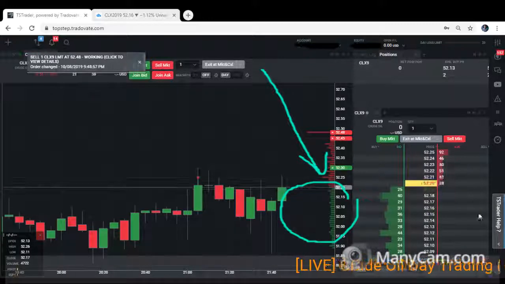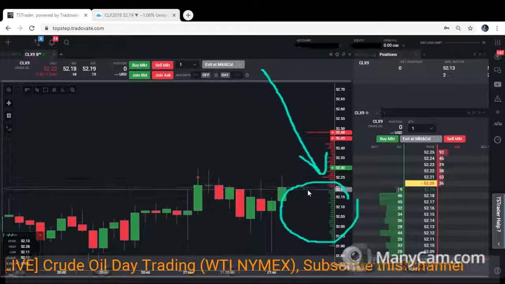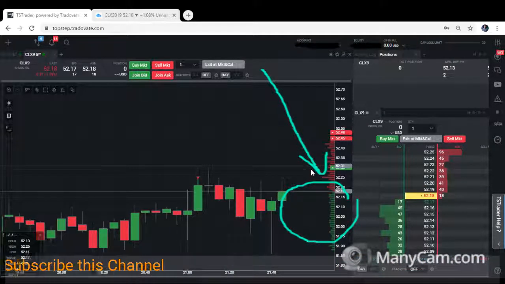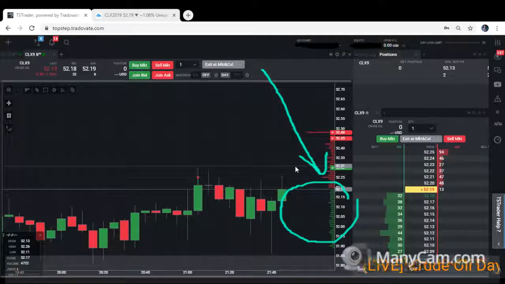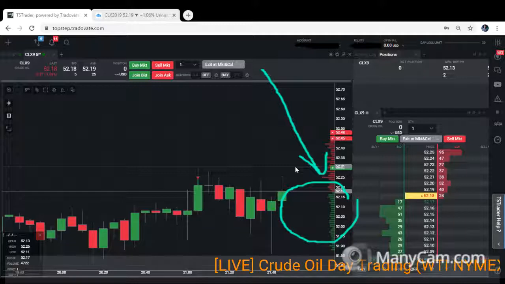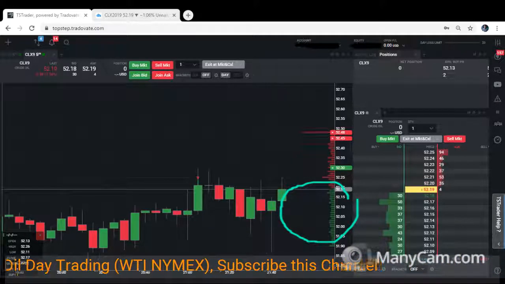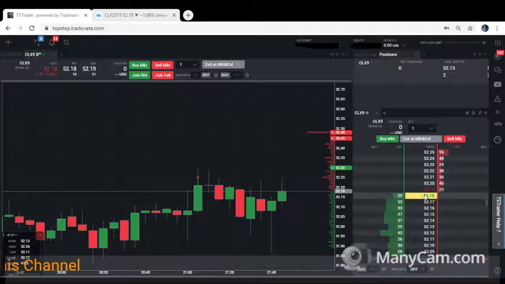Okay, now the price tries to go further up. Could be there is a full reversal here. It's quite important for this price level of 52.30. The breakout level is around 52.31, so we are at the pre-breakout area. And also we can see there is a high volume waiting at 52.48.